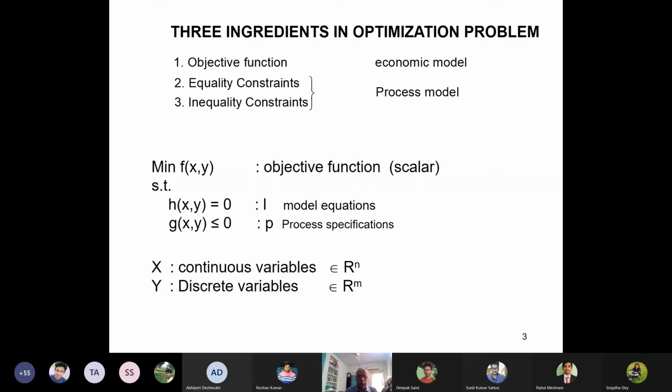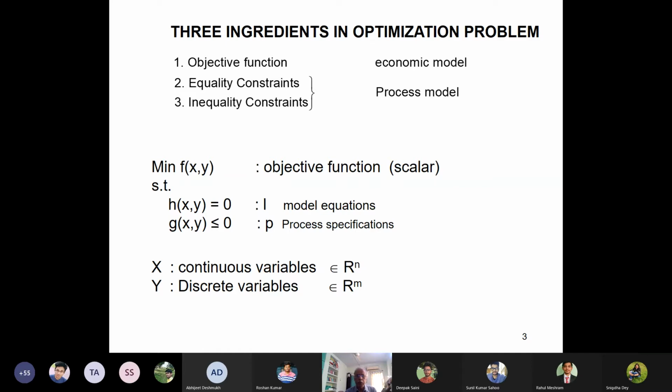So process specifications. Here x and y can be continuous variables, can be discrete variables, or maybe a combination of both continuous and discrete variables. So this way the optimization problems are formulated.